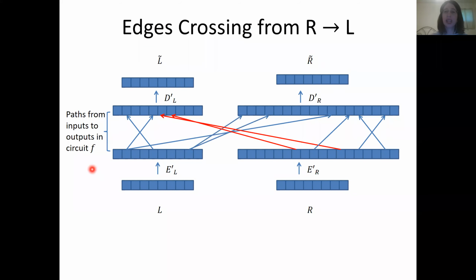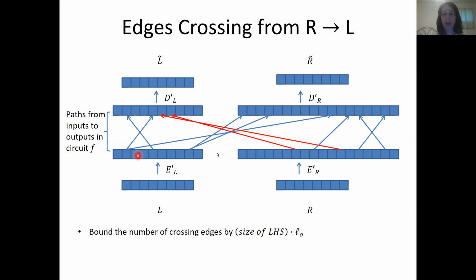Okay, so let's first look at the case of the edges that are crossing from right to left. In this case, we're going to play a trick where we increase the size of the right side, making the right side a lot larger than the left side.